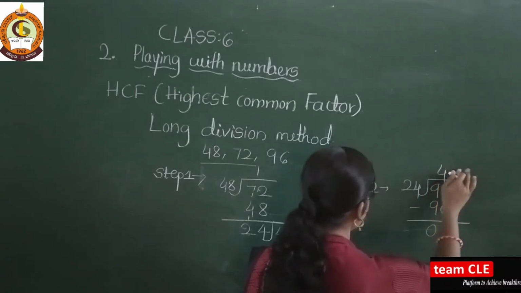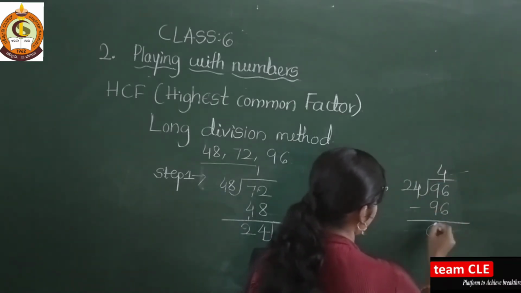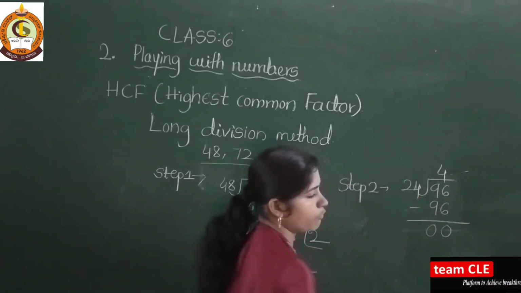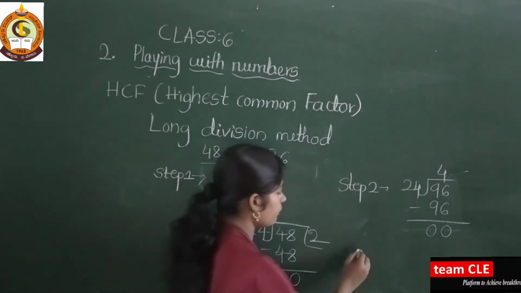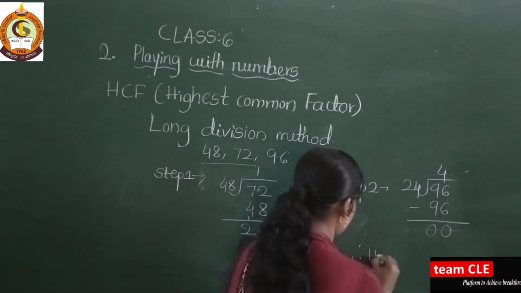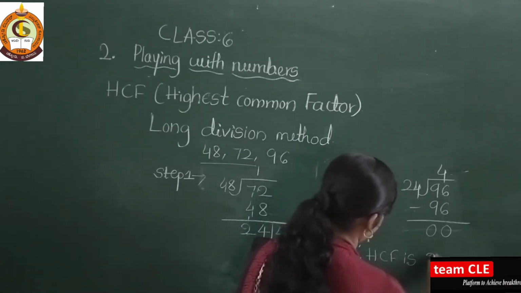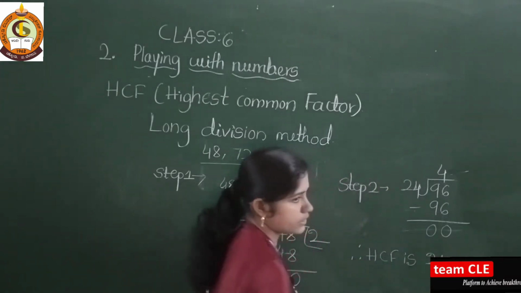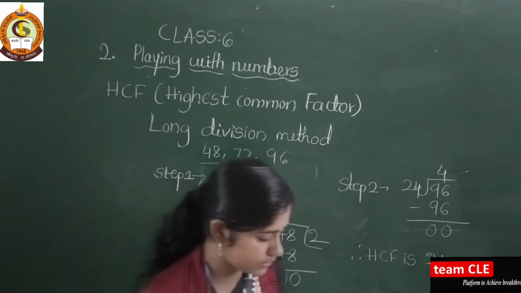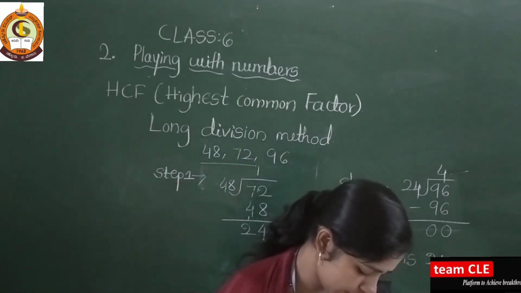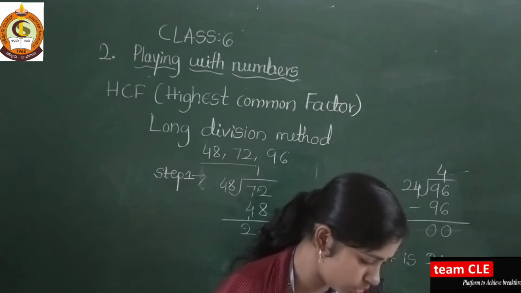So I got 0 as the remainder when 24 is the divisor. Therefore the HCF is 24. This is how you need to solve the examples. See here, they have given a total of 5 questions.